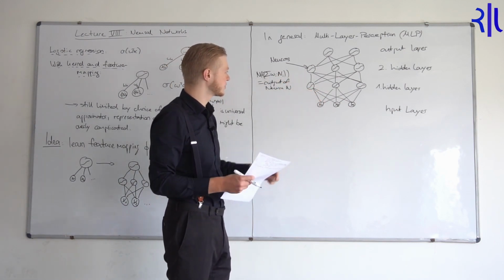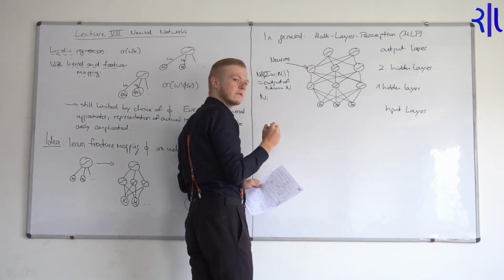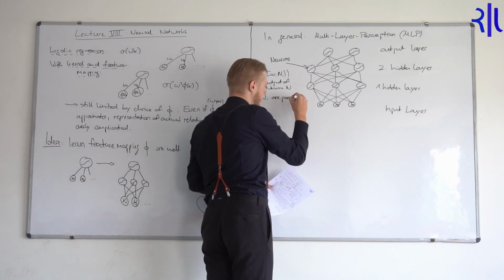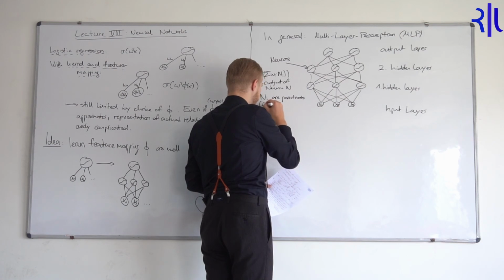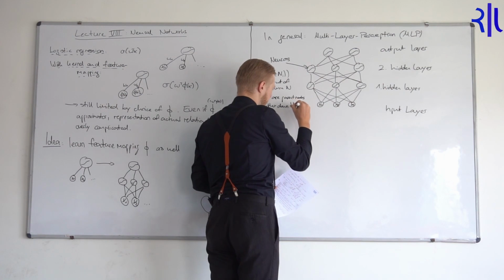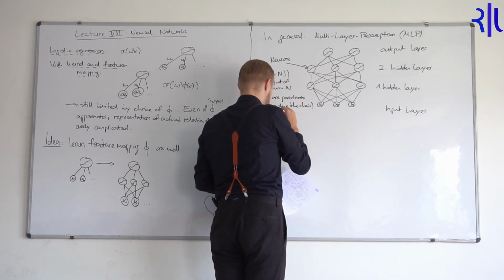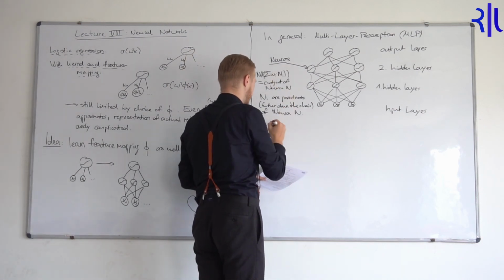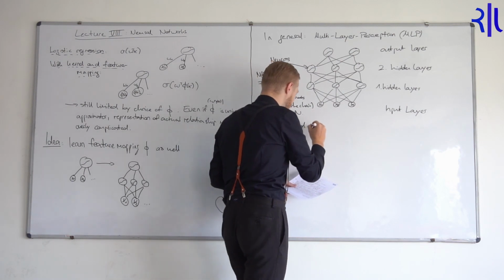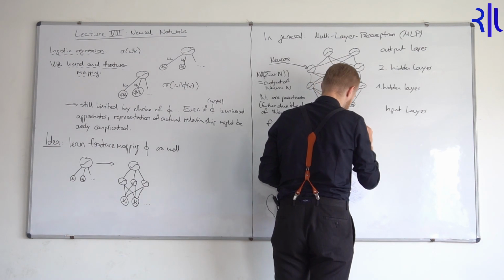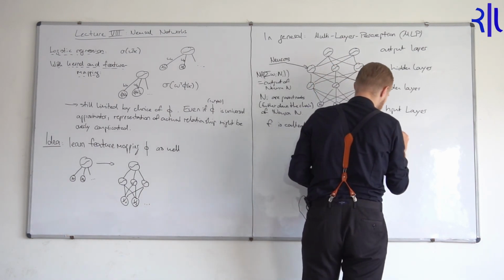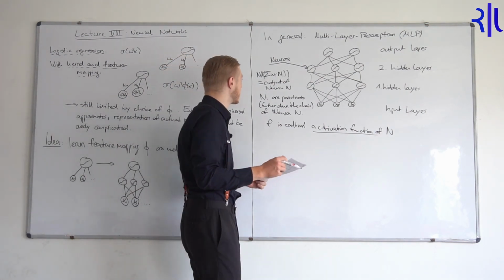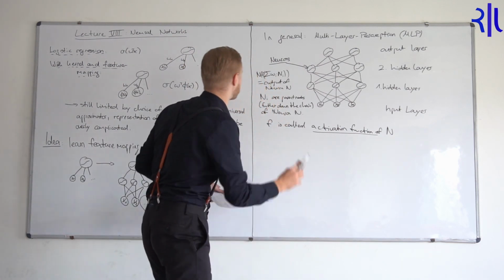So the Ni are basically the child nodes, or the parent nodes if we go upwards, of neuron N. And the function f that we have used is the so-called activation function. I'll write that again.